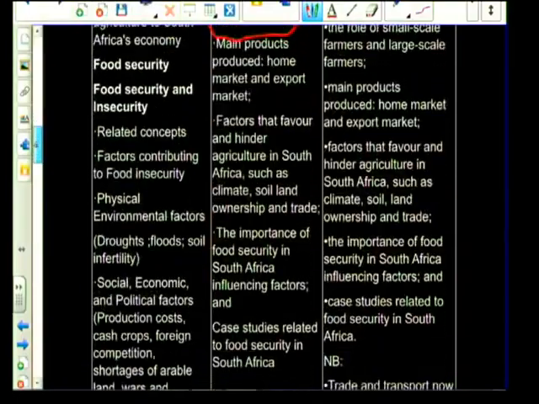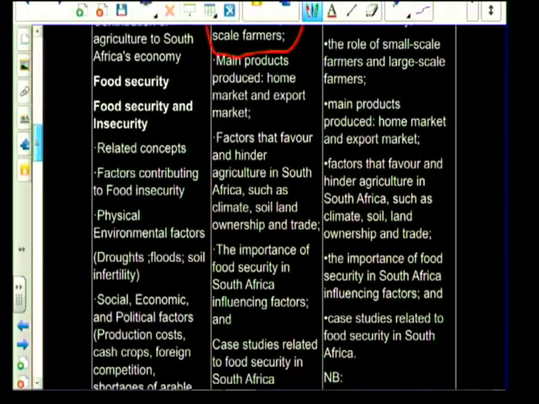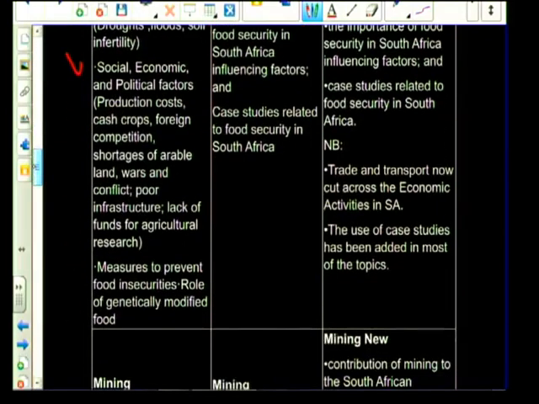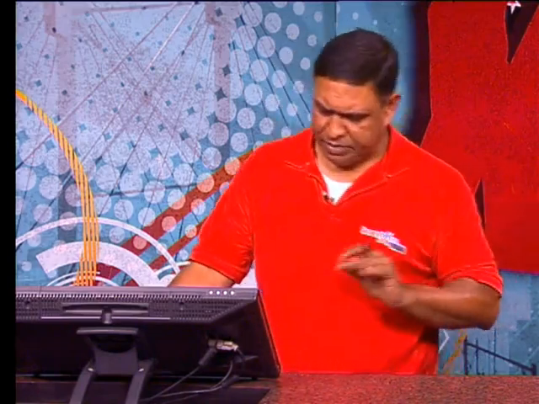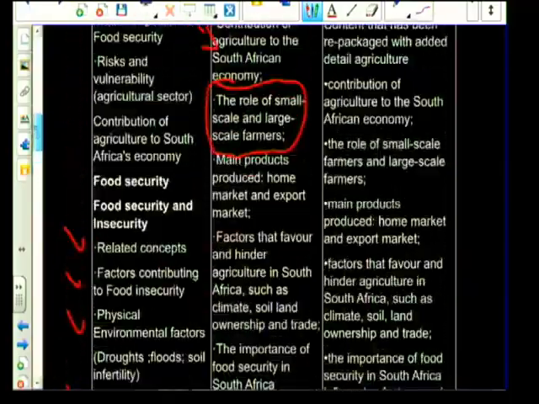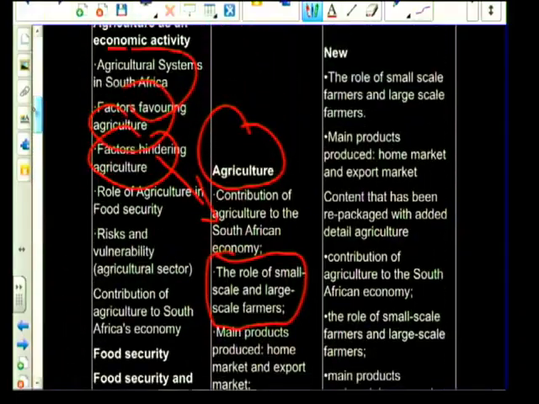I'm just going to go through this first. You'll notice that all these related concepts about food, environmental factors, social economic justice, all these factors will be in land factors, measures to prevent insecurity, etc. All these factors are in. Let's look at the last category here, new.